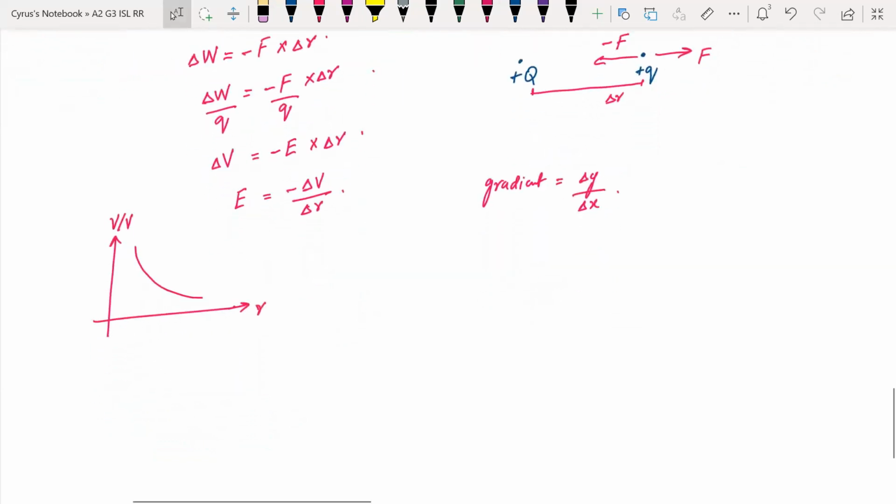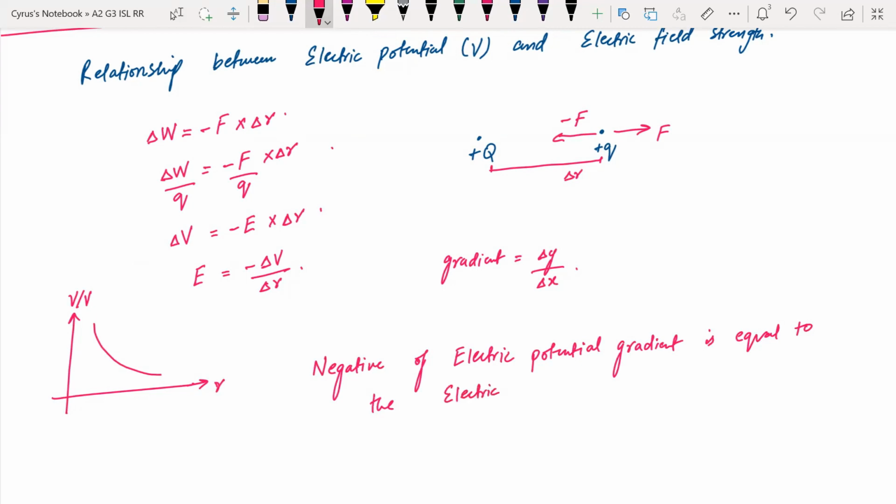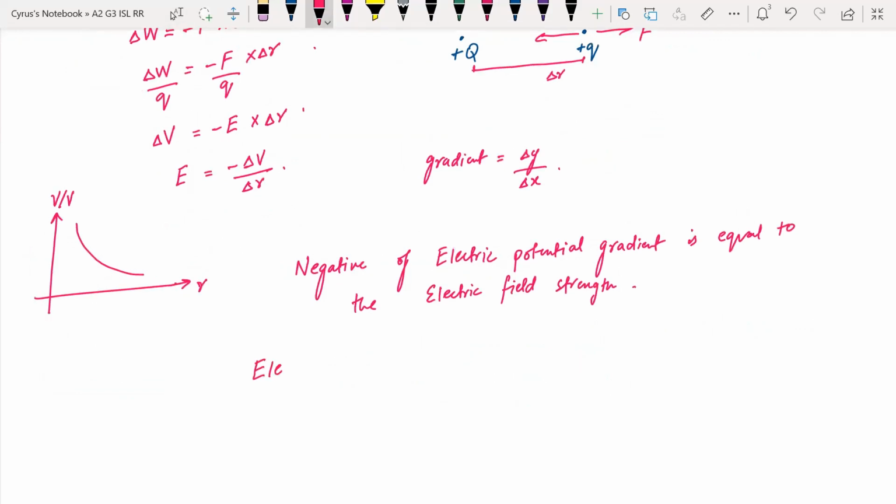तो खैर, यू शुड नो दैट नेगेटिव of electric potential gradient is equal to the electric field strength at that point, right? So this is a very important relation here, that electric field strength is equal to negative of the potential gradient.